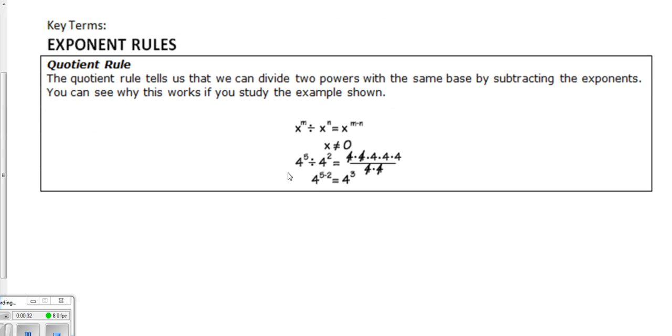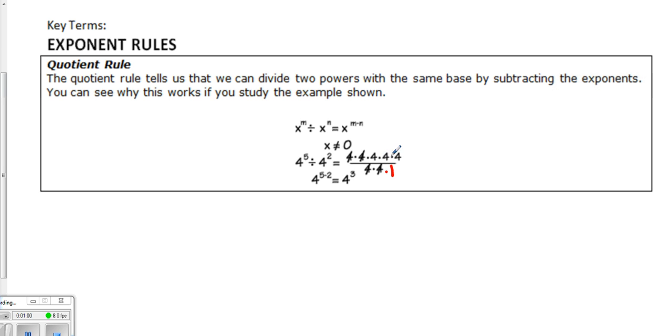One way we can prove it or see it is 4 to the 5th power divided by 4 to the 2nd power. It means we have 4 times 4 times 4 times 4 times 4 on the top, and 4 times 4, just two of them, on the bottom. Two of them from the top cancel out with two of them on the bottom, so it's like a hidden times 1 over here, because we still have all of this times 1 on the bottom.